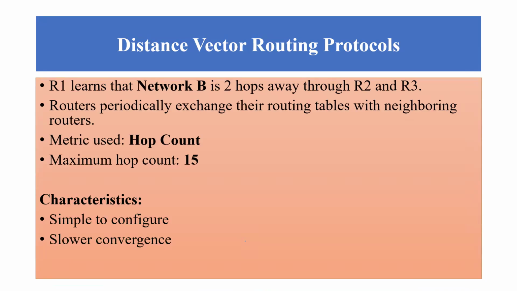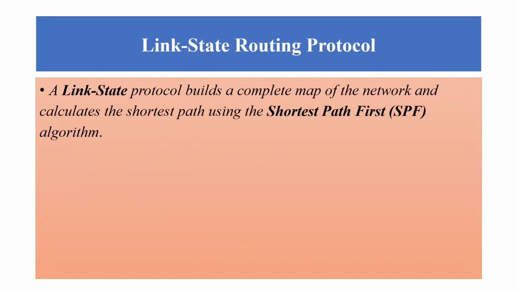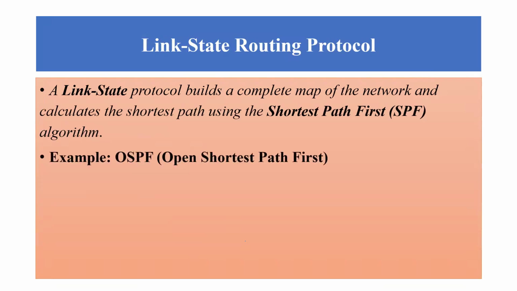And now, the characteristics of this configuration are that it's very simple and it also has slower convergence. I know you can all read. Periodic routing update. That's what it does. Because it is dynamic, it does the update on its own. You don't need to go and be updating it yourself.